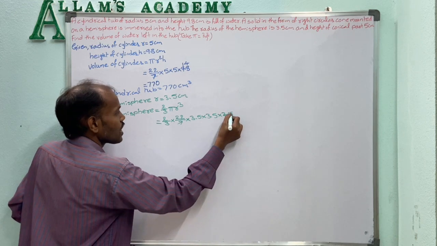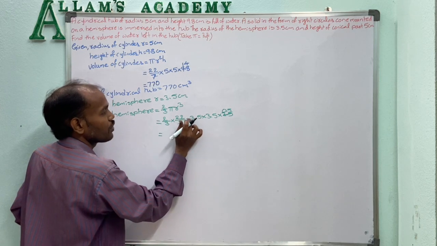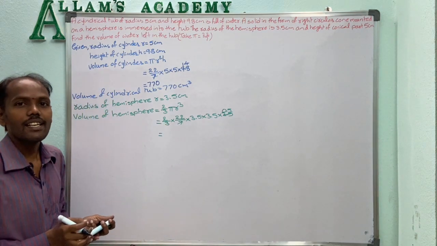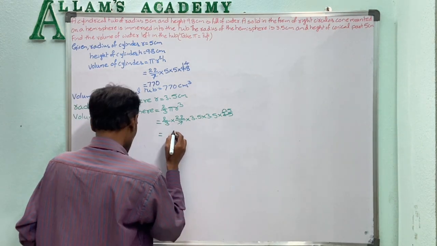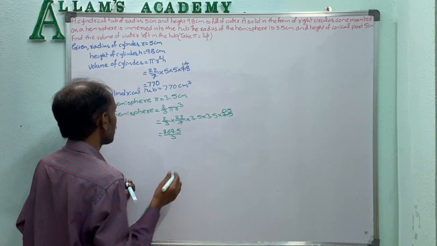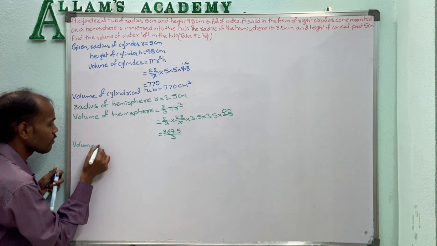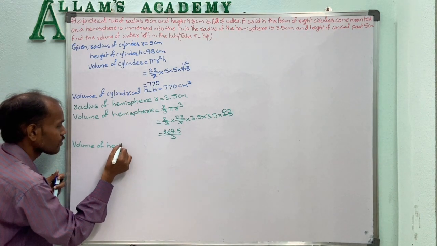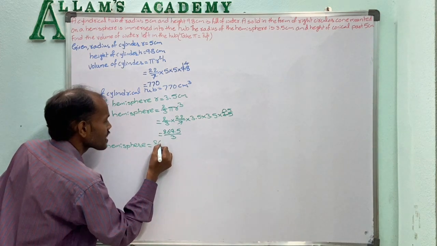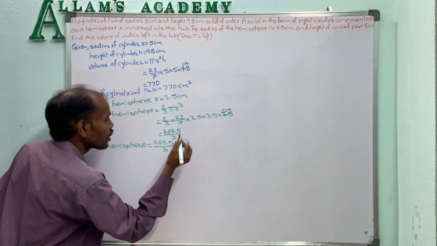So 7 ones are 7, 7 5s are 35. So 2 into 22 into 3.5 into 3.5 into 0.5 by 3. So that value is nothing but 269.5 by 3. So volume of hemisphere equal to 269.5 by 3 centimeter cube.